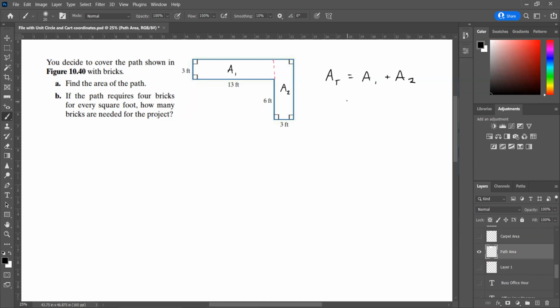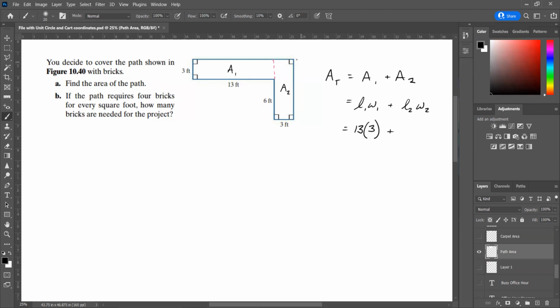Area 1 would be length and width 1 multiplied together, and area 2 would be length and width 2. The length of rectangle 1 is 13. The width of rectangle 1 is 3. Length here, width there. And then we will add that to the area of rectangle 2.